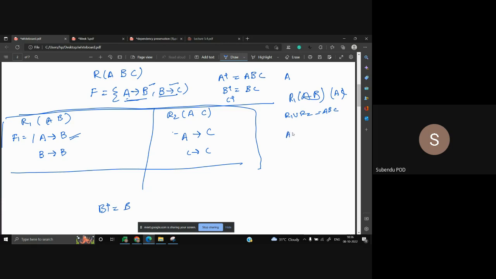If you find the A closure, A B and C, you can see that A is a key in the R1 table. So this is lossless decomposition. These two are different things. So this is not dependency preserving but lossless decomposition. This is clear, dependency preserving is clear.